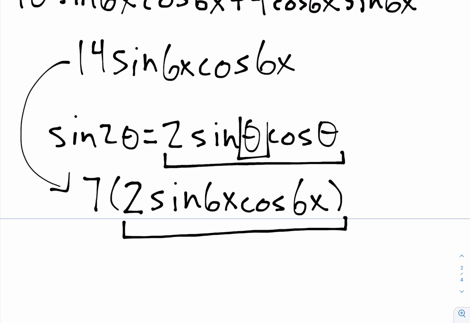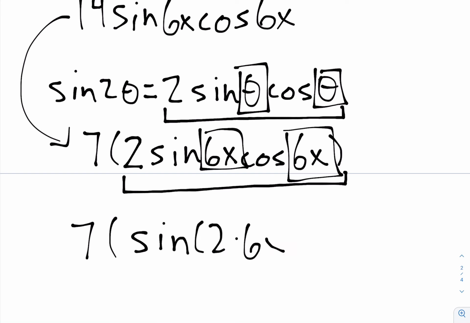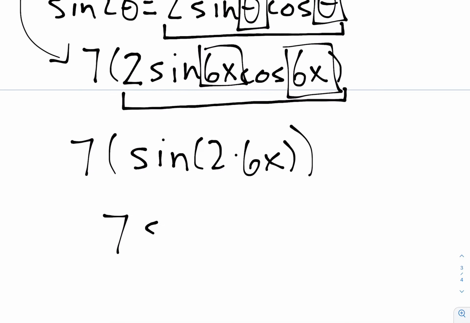So in this case, our theta is just 6x, but other than that, it's the exact same expression. So the 7 is still going to be on the outside, but on the inside, since 2 sine 6x times cos 6x is equal to sine of 2 times 6x, right? Using that identity, we can simplify this by just writing 7 times the sine of 12x.